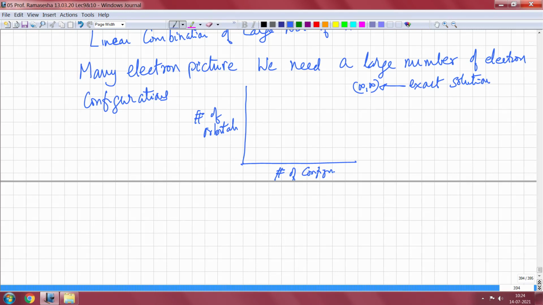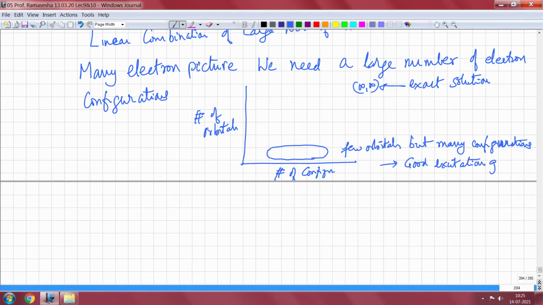So, usually what the physicists do is work in this region, few orbitals but many configurations. This is because you want to get good excitation gaps in the system.